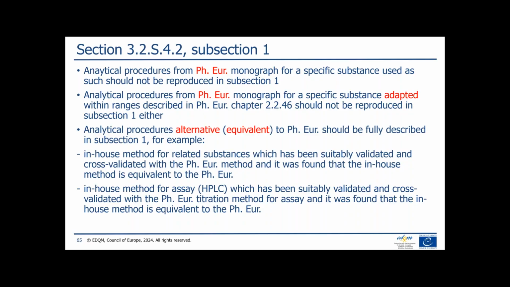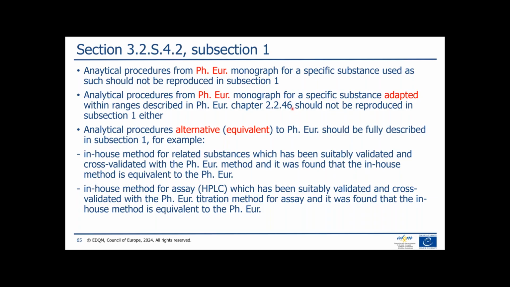Okay, so I have plenty of information on this slide, but basically what this slide says is that analytical procedures from the pharmacopoeia monograph do not have to be reproduced in the dossier. Procedures equivalent to the monograph have to be reproduced.